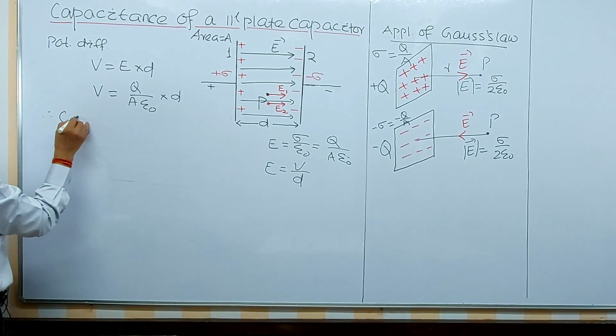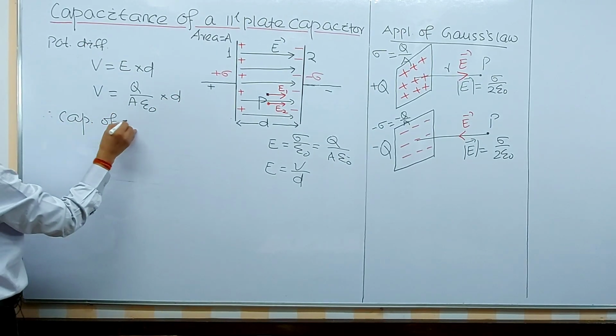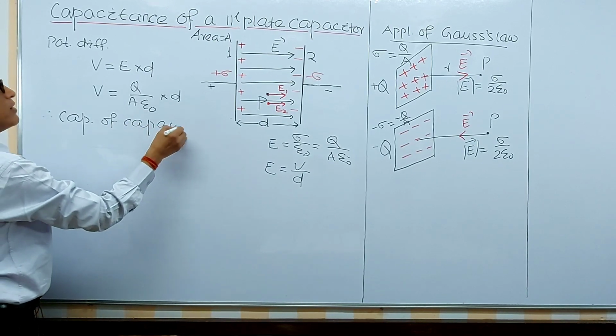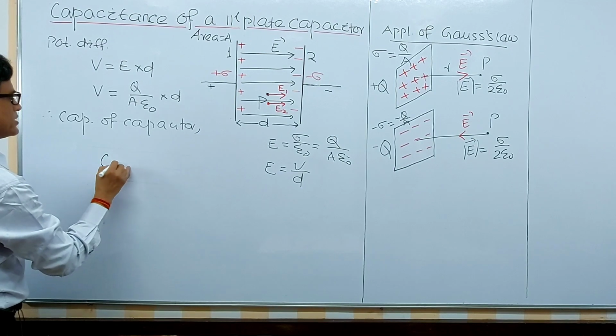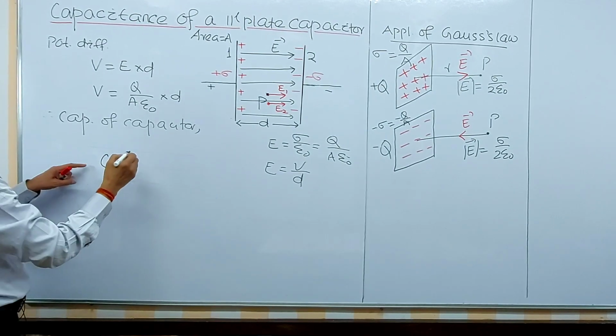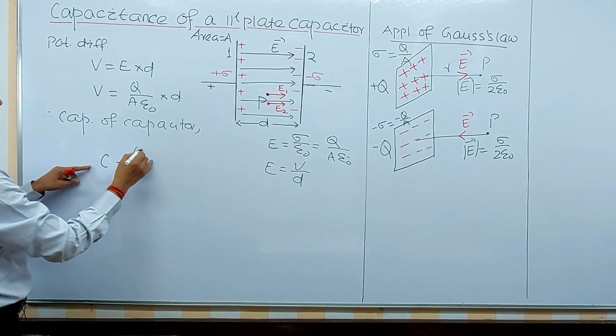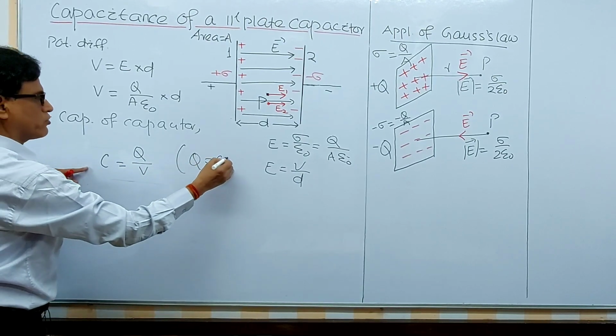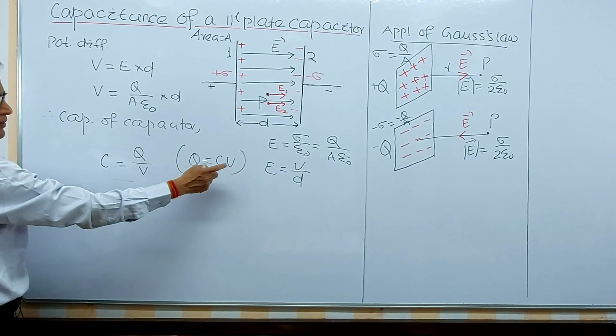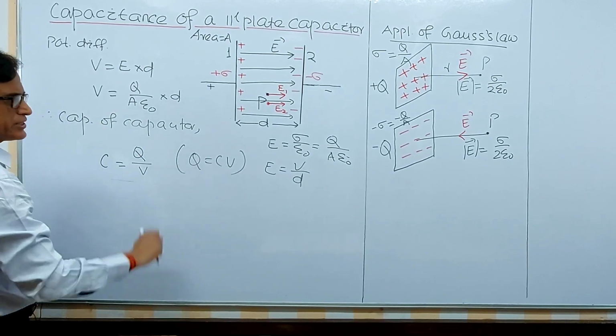That's why capacitance of this capacitor, parallel plate capacitor, C equals, I think you do remember the formula, Q upon V, because Q equals CV. You know this formula, Q is equal to CV, the very common formula in capacitance.